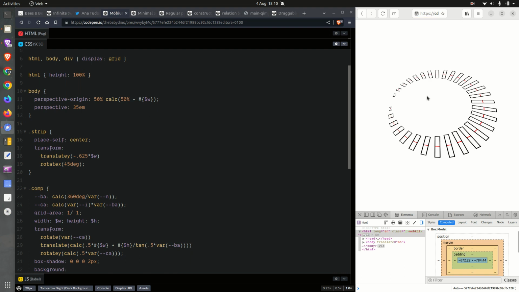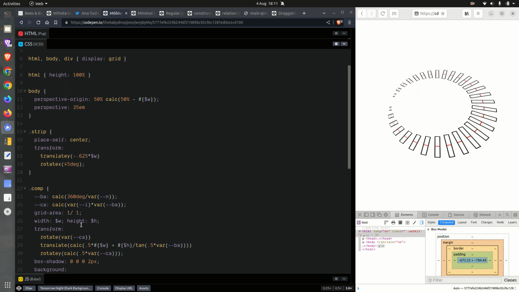Okay, this looks dubious. And it looks dubious because these component elements get flattened in the plane of their strip parent. This happens because we don't tell the browser that we want to have 3D transformed elements inside other 3D transformed elements.